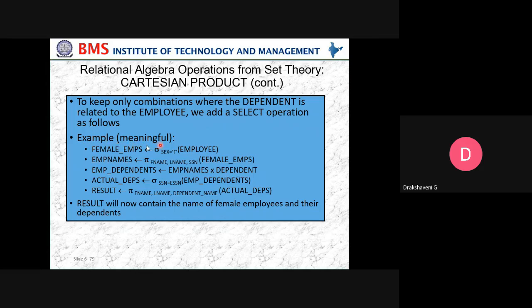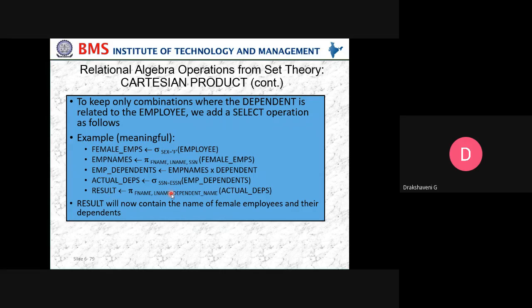Example, meaningful: female employees is a select on the sex column, male or female, from the employee table. In the same way, project first name, last name and SSN from female employees and store it in employee names. Then employee names Cartesian product dependents gives employee dependents. Then actual dependents is select SSN equals ESSN on employee dependents.